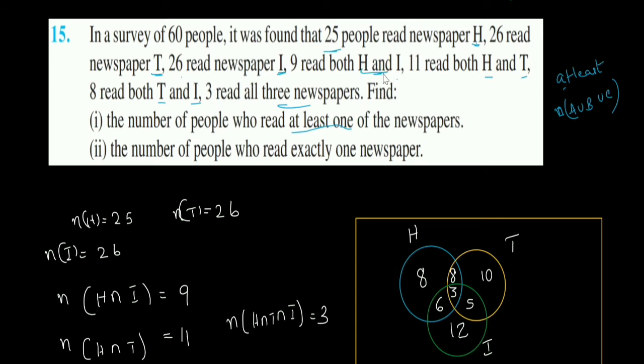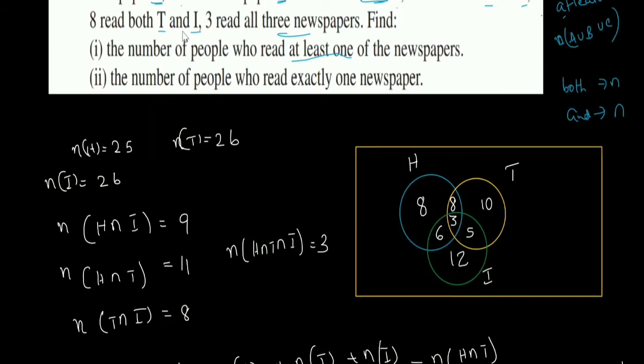H and I is 9. Both means intersection, and also represents intersection. Similarly, H and T is 11. T and I is 8. Then 3 read all the newspapers.